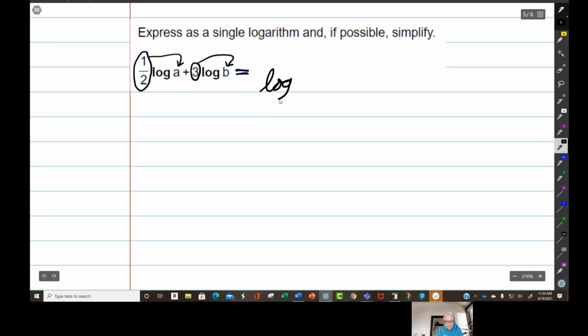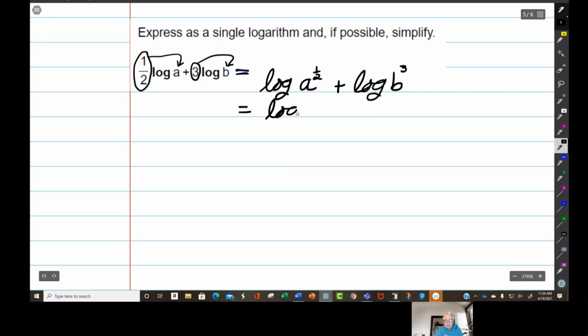Log, and that's log base 10, of A to the 1/2 plus log of B to the 3rd. Now, well, we could do this first.